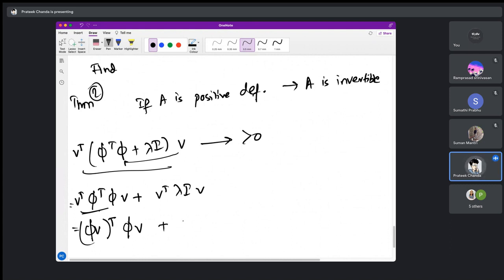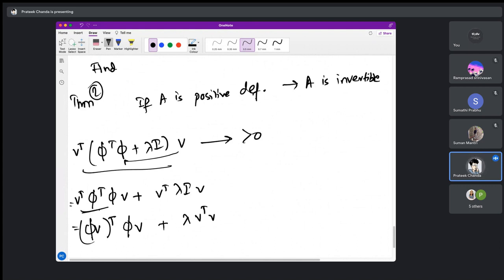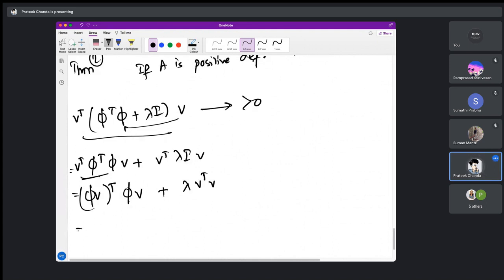And lambda, since I is a scalar, can just be pulled out. Now we can use the same principle for the L2 square, since these two vectors are the same, so I can just write it as the squared norm of phi v, and also this as the squared norm of v.